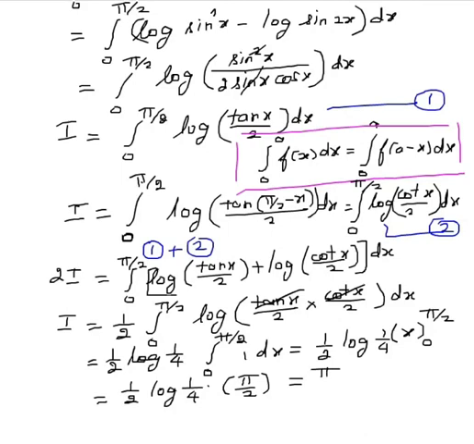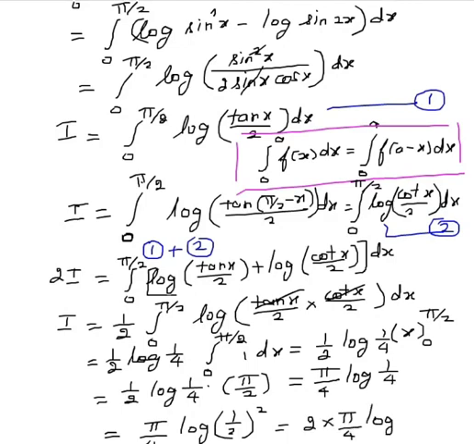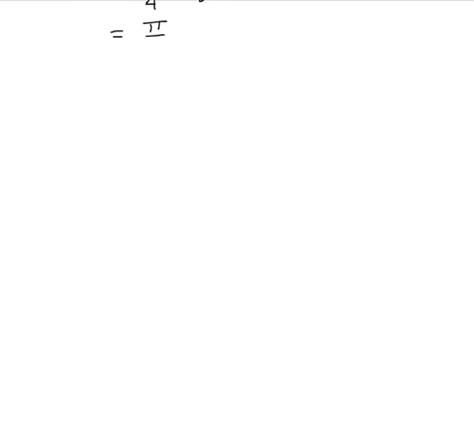Therefore, the answer becomes pi by 4 log of 1 by 4. Or we may simplify this answer further. Let us write that 1 by 4 as half square. Therefore, it becomes 2 times pi by 4 log of 1 by 2, which is pi by 2 into log of half.